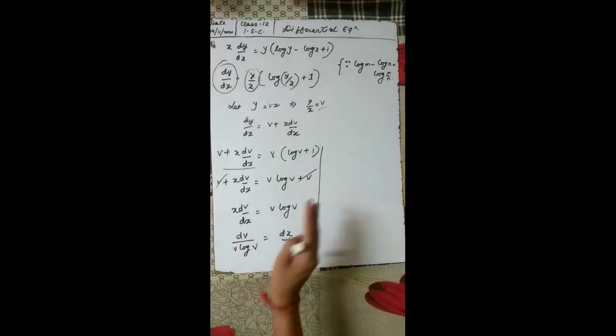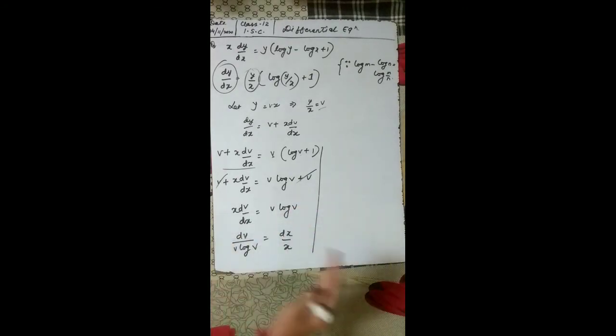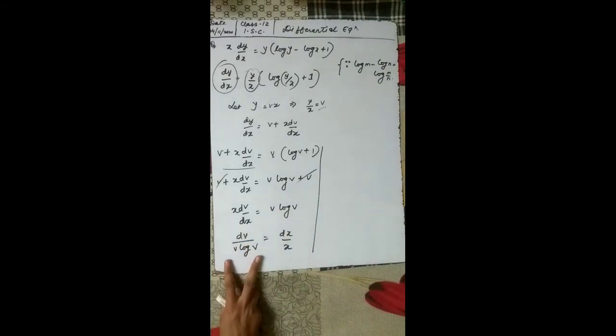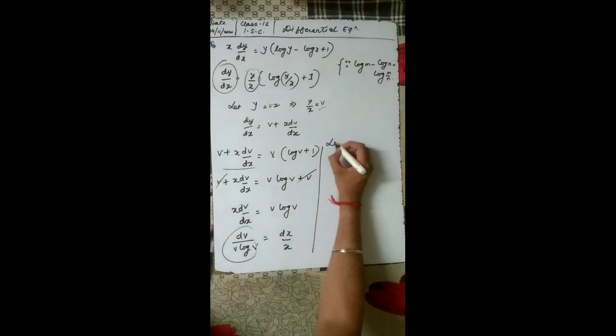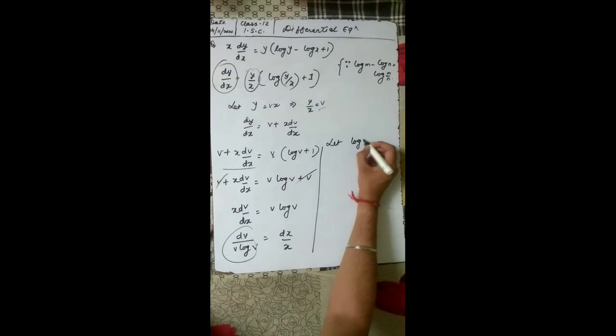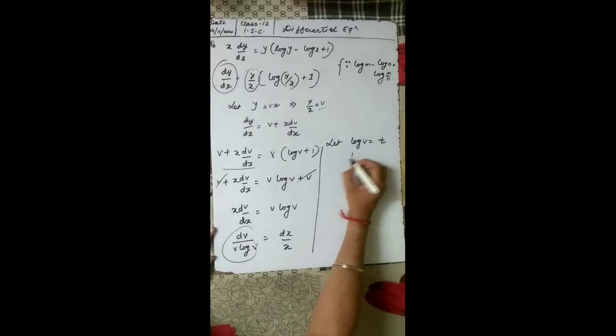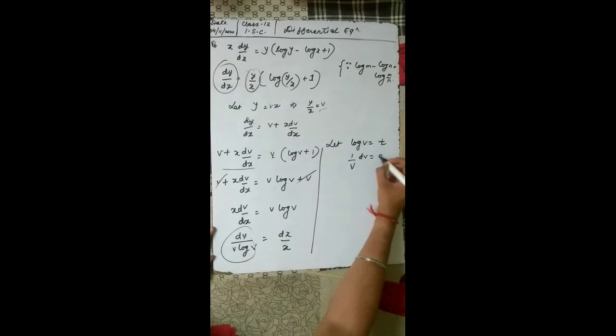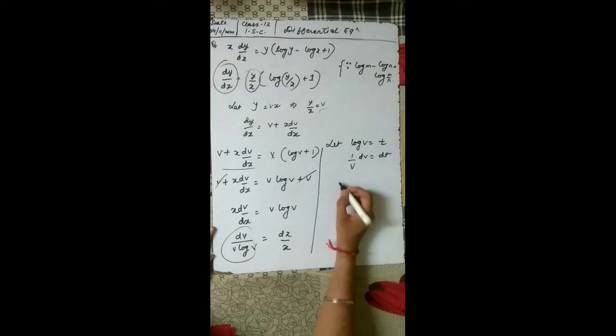Now take all the variables of v to one side and x to the other side. So dv upon v log v equals dx upon x. Now we know how to deal with this. For this, let us consider log v equal to t. So 1 upon v dv equals dt.